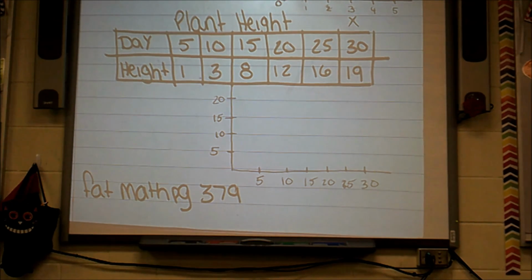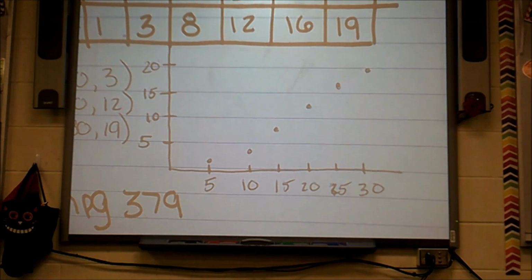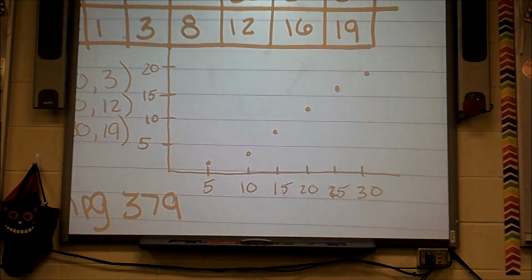Feel free to check your answers with mine. So here I have my points. Again, they're based on estimates because I don't have these y values perfectly on my coordinate plane, so I just use estimates to plot those points.